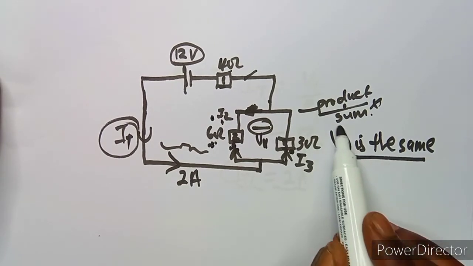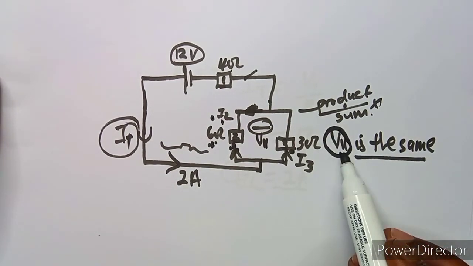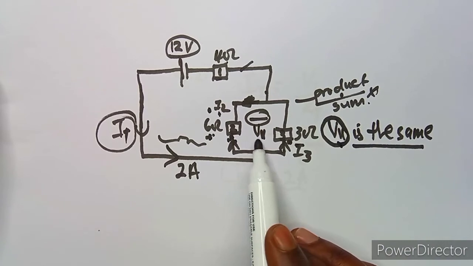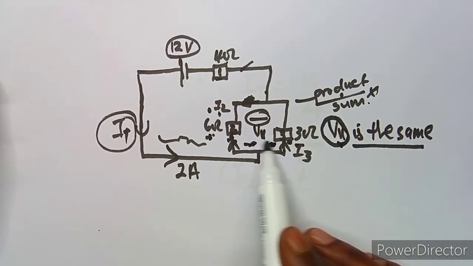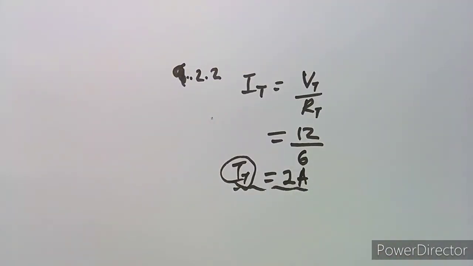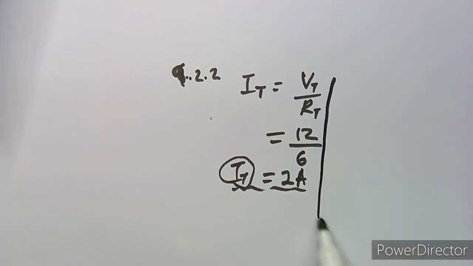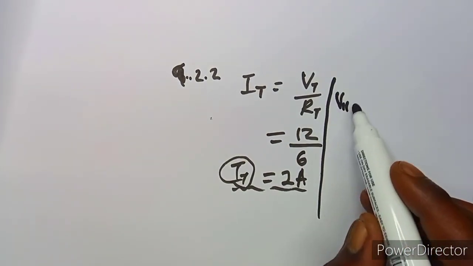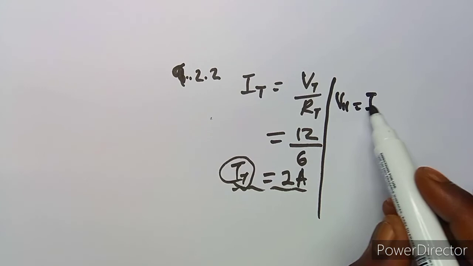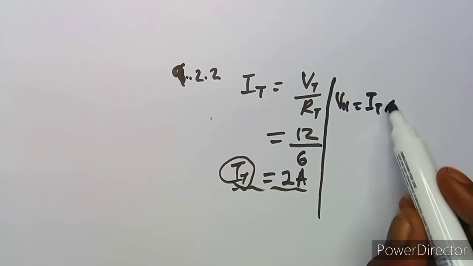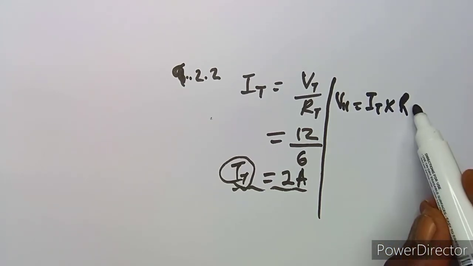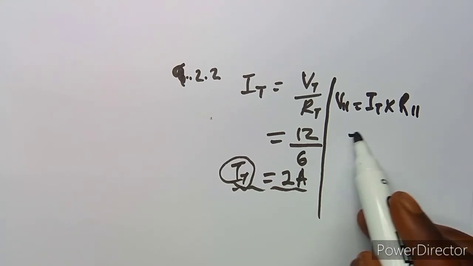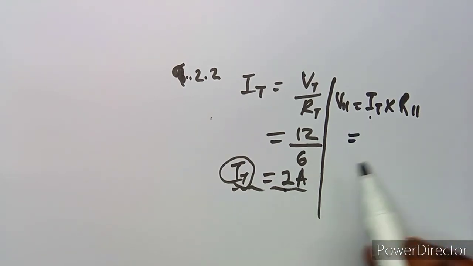So how am I going to obtain this voltage of the parallel circuit? I'm going to use the total resistance of the parallel circuit. So I'm going to find V parallel, which is the total current times the total resistance in the parallel circuit. The total current is 2 amps.